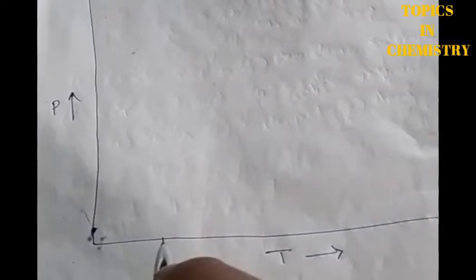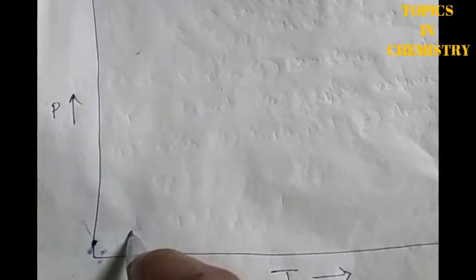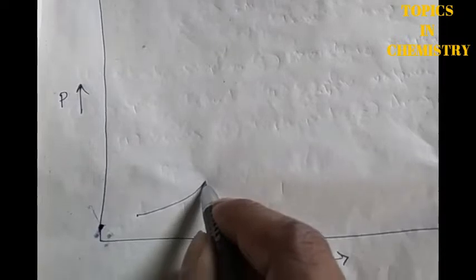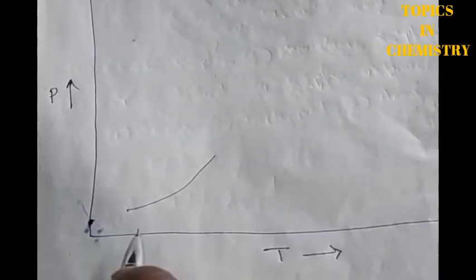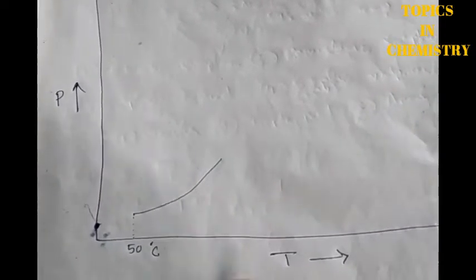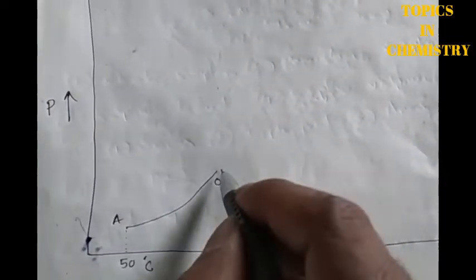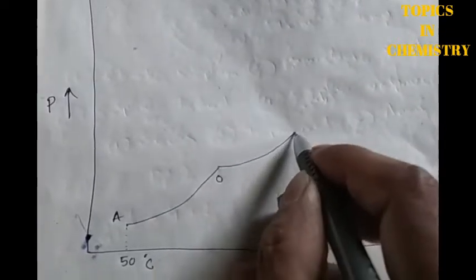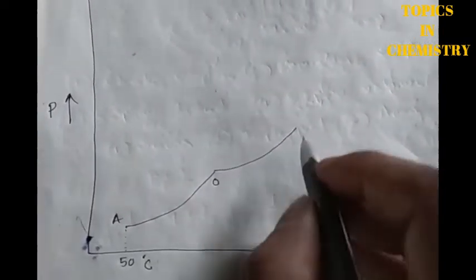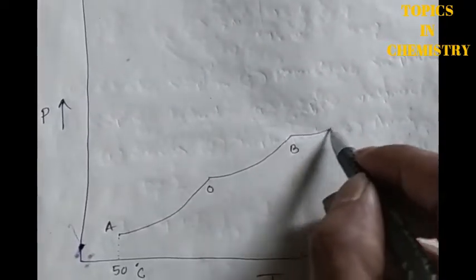Suppose you start from a point A, where the temperature is almost 50 degrees Celsius. The curve ends at O. After O you get another curve, and it ends at point B. After point B you get another curve.